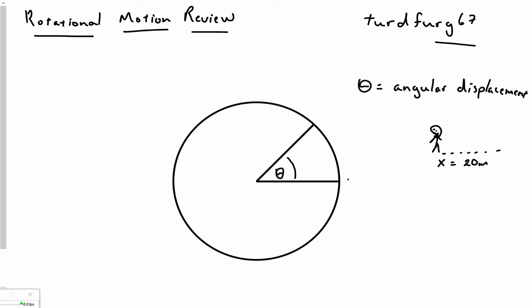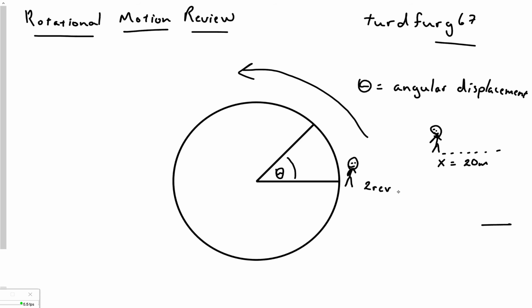Well, in this problem, you might have a person on the outside of a merry-go-round. And it might say that the person rotates 2 revolutions. So this person goes 2 times spinning around the merry-go-round. What is that trying to tell us?